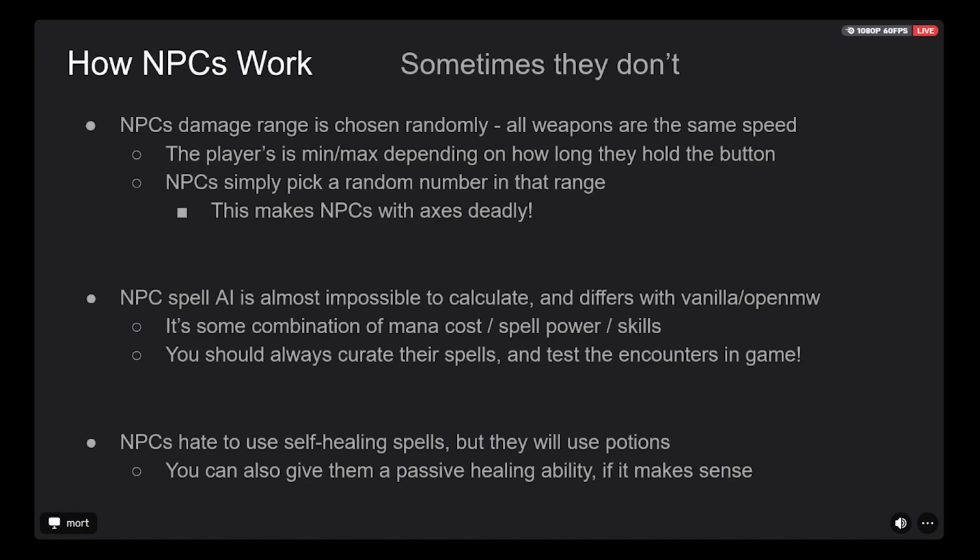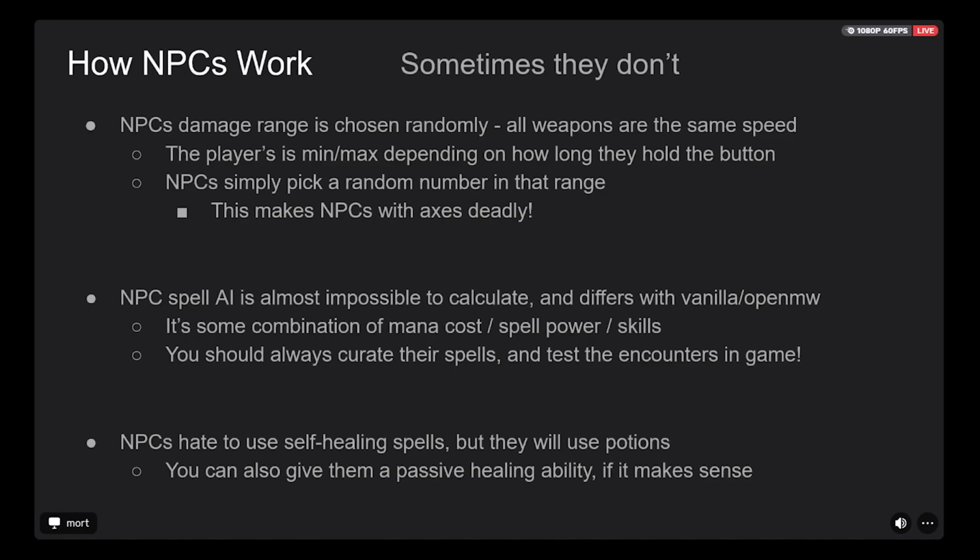All of their weapons have the exact same speed, and the damage is just a random value between min damage and max damage. Whereas the player will do more damage based on how long they hold the button and how long the animation works, NPCs are basically attacking at a set speed and just picking a number in that range.